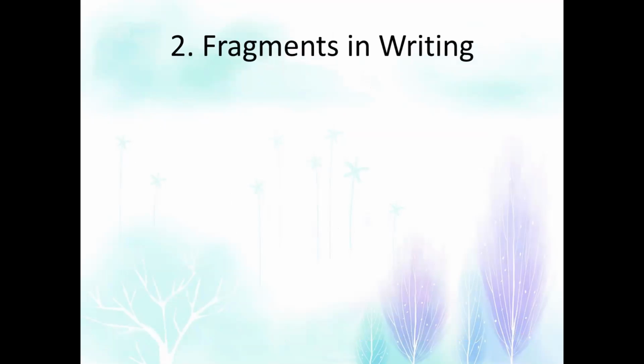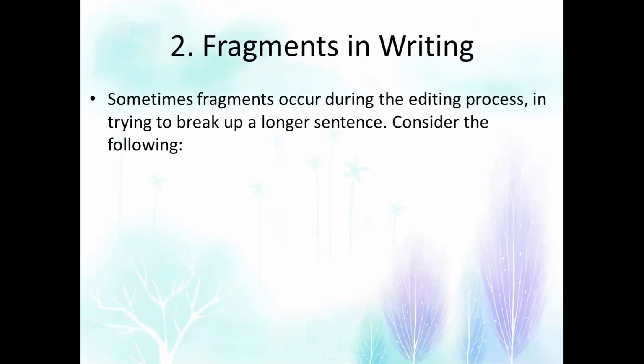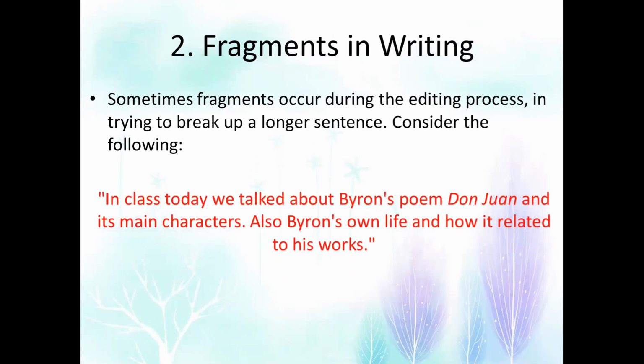Moving on, we are going to study the fragment in writing. Sometimes fragments occur during the editing process, in trying to break up a longer sentence. Consider the following. In class today, we talk about Byron's poem, Don Juan, and its main characters.